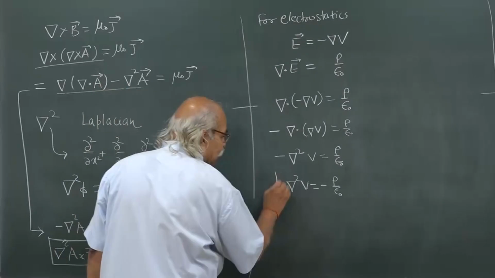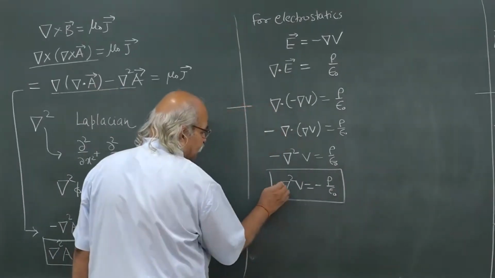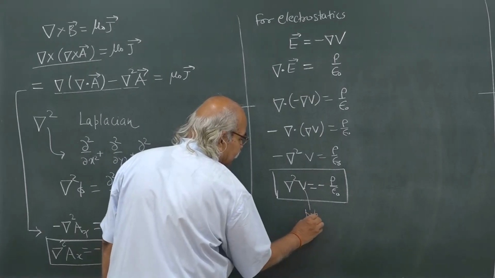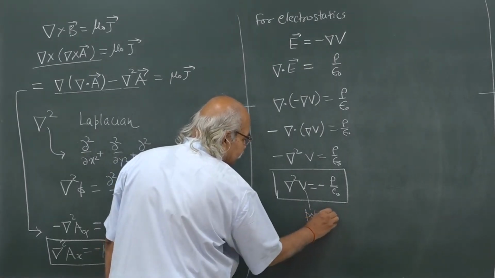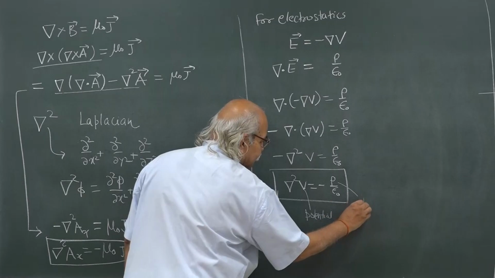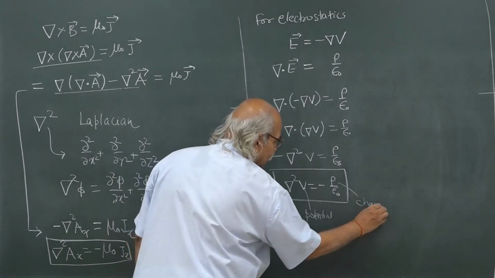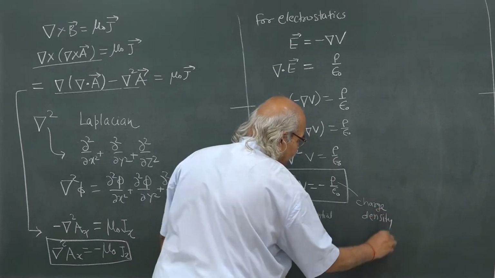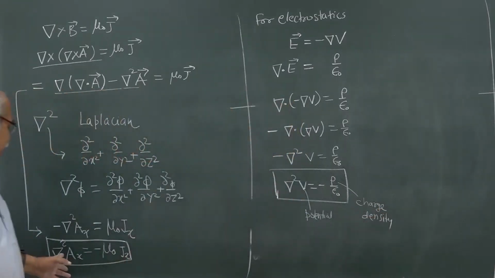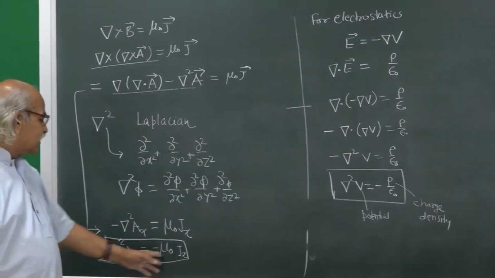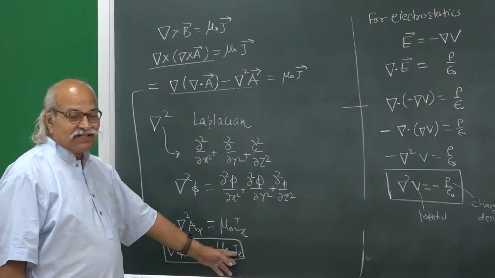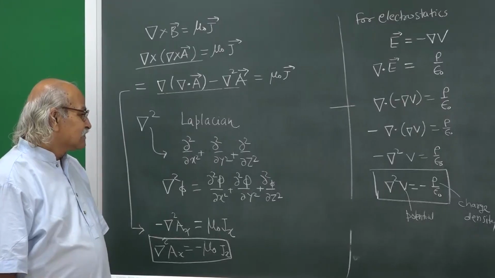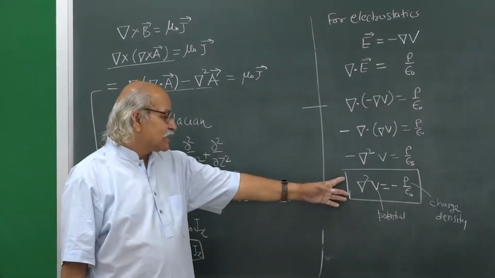Now, this equation which connects electric potential with charge density, and this equation for magnetic vector potential and the current density, you can see they have identical structure. This is known as Laplace's equation.